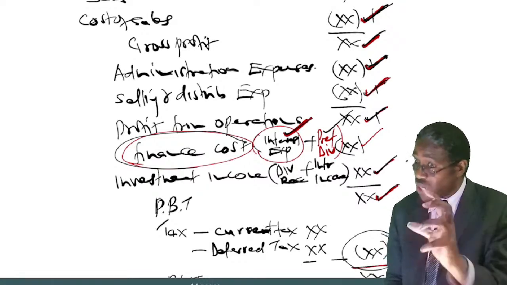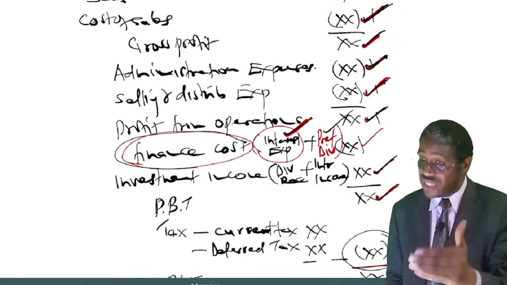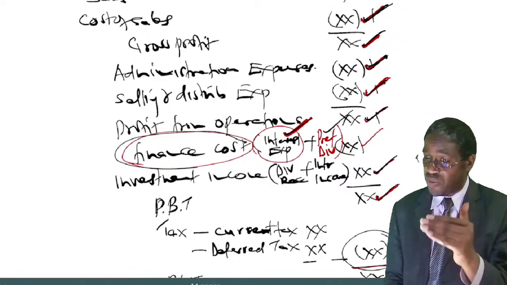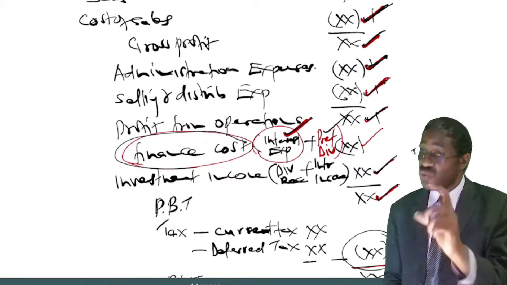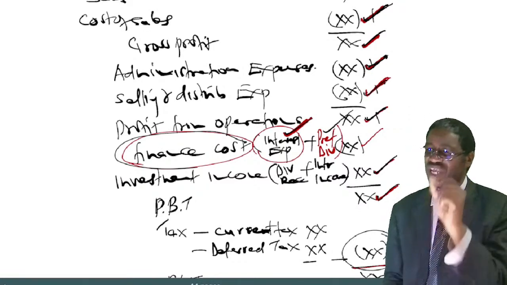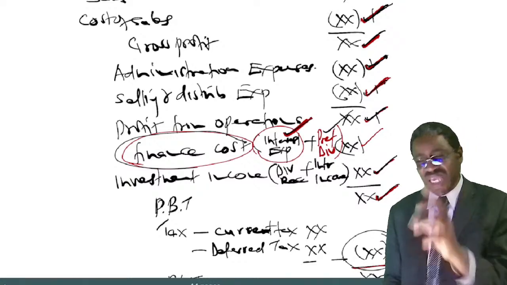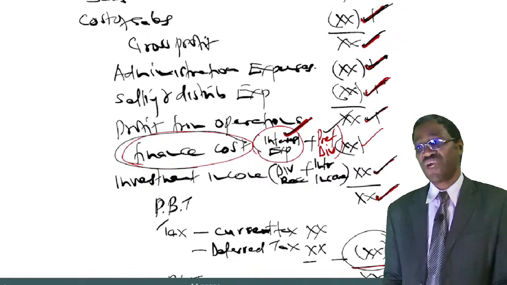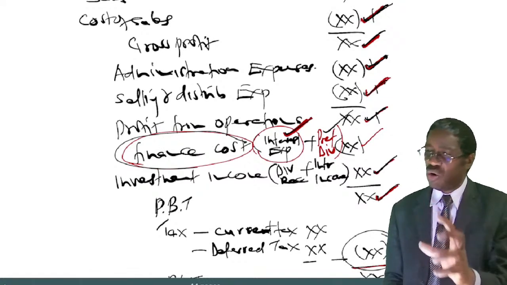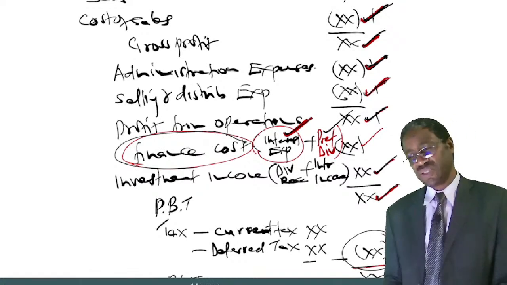And how to calculate it, we went through it in details. I am not going to repeat it now. The second example of a finance cost is what we called preference dividends.